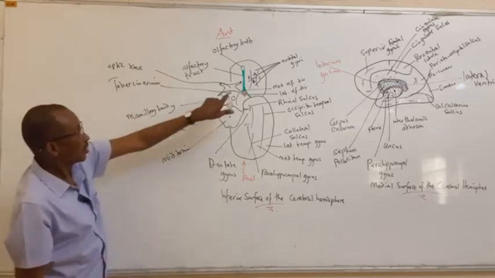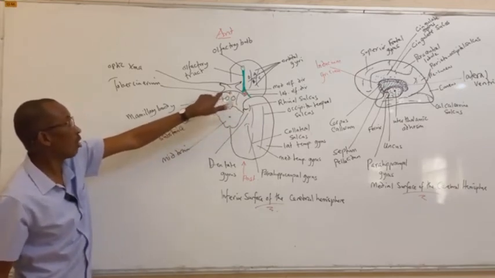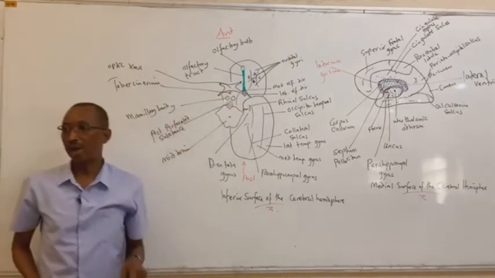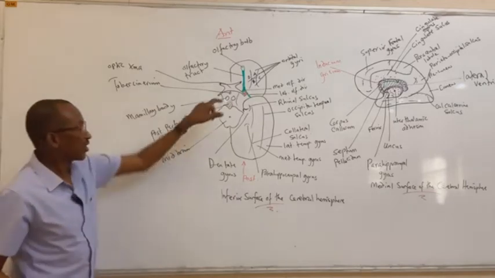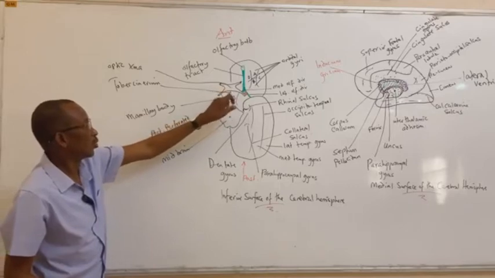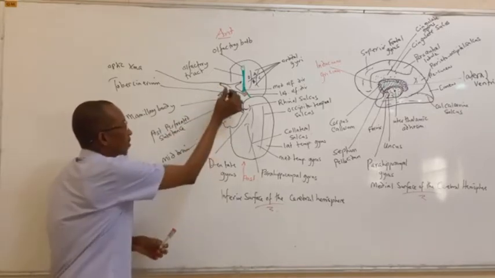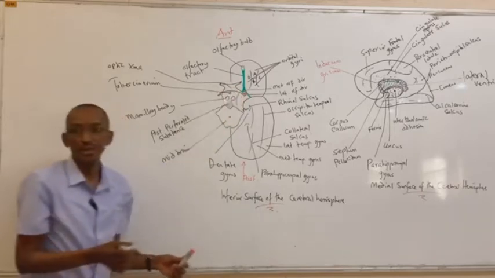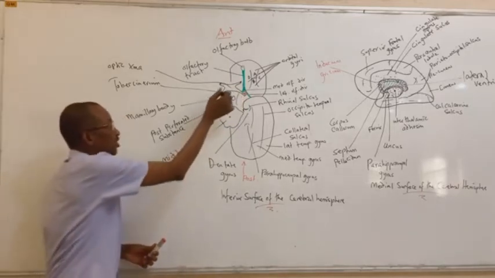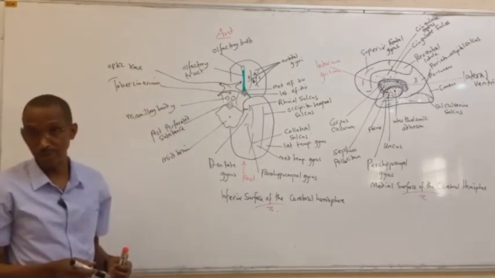Immediately behind the optic chiasma, this place, there is a stalk of the pituitary gland. That stalk of the pituitary gland is around one very large swelling at the base of the cerebral hemisphere. That large swelling here is what we call tuber cinereum.